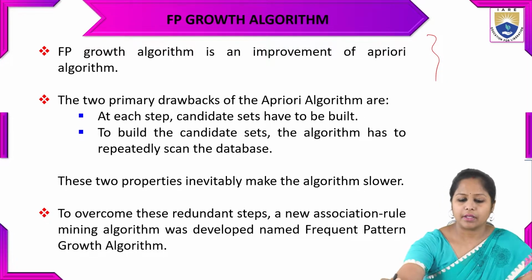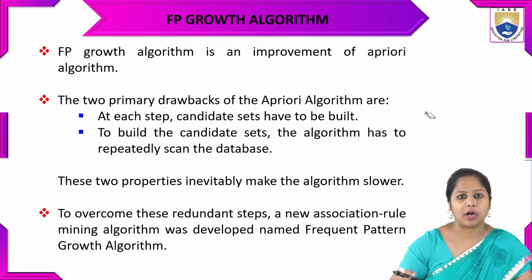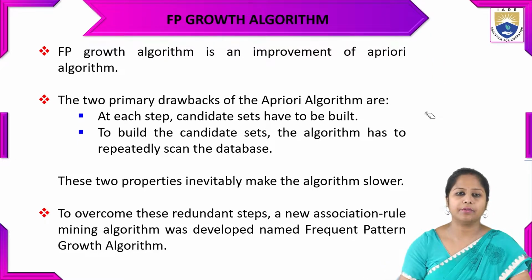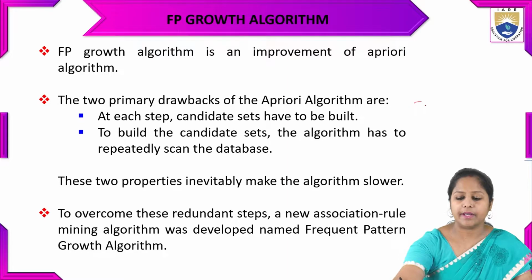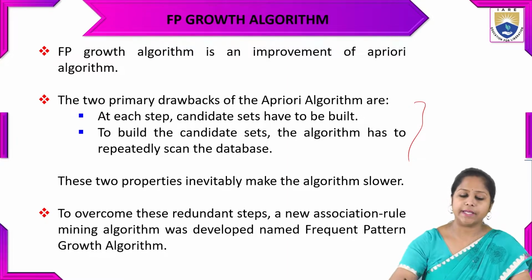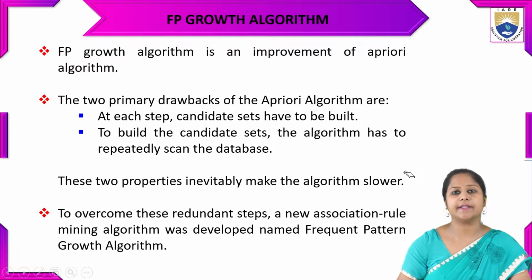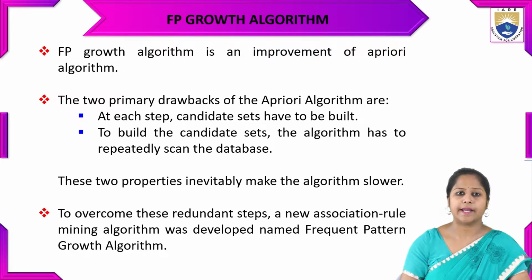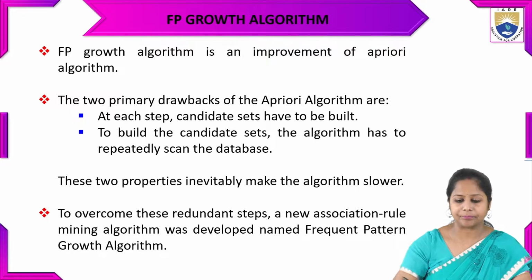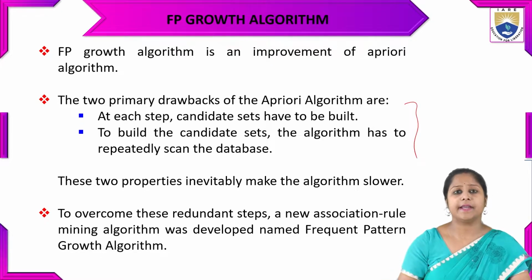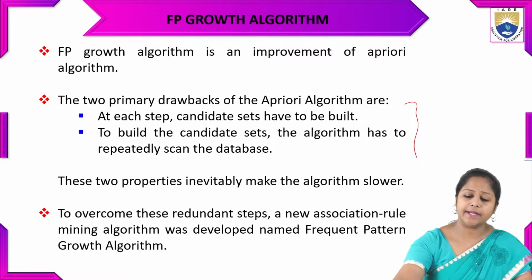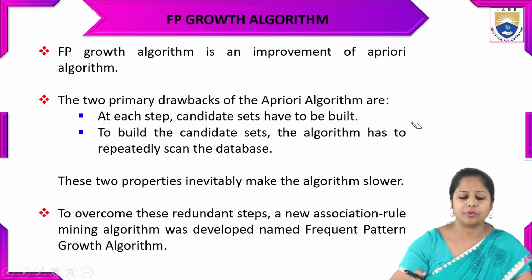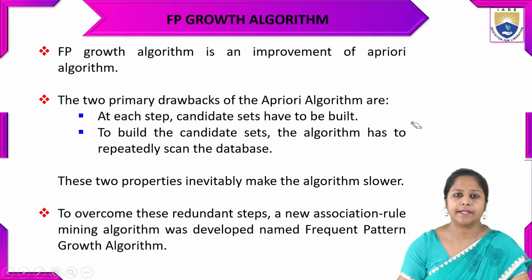There were actually two drawbacks of the Apriori algorithm. What are they? In that algorithm, at each step, a candidate set has to be built. So in each iteration, we have to make a candidate set. And second, to build the candidate sets, the algorithm has to repeatedly scan the database.